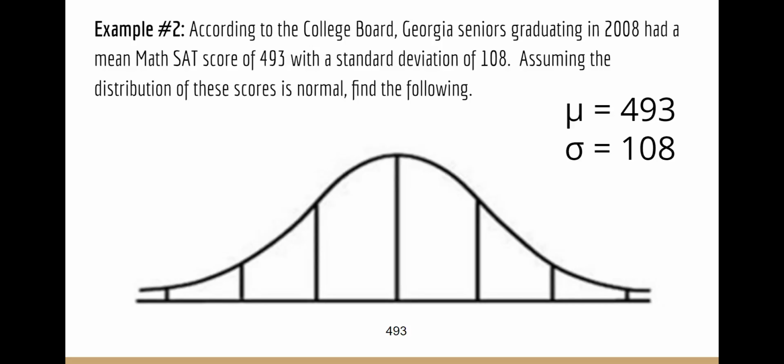So one standard deviation above the mean is 493 plus 108, and I get 601, 709, and then 817. Then on the left side of my bell curve, subtracting the standard deviation, I get 385, 277, and 169.